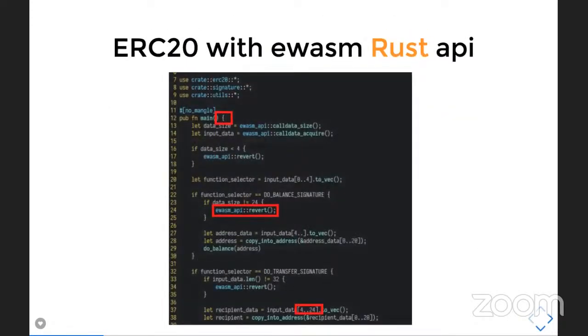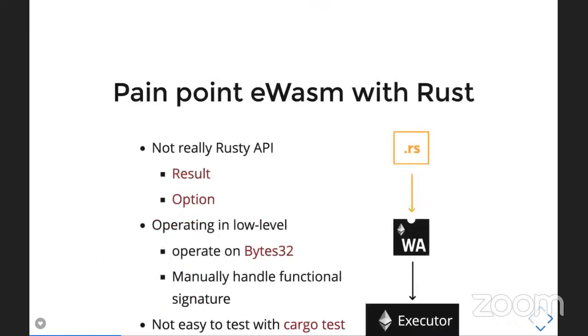But so far we can see that if we want to use Rust in the application layer to build a contract for Ethereum, there are a lot of obstacles, and that's really painful. So here's a pain point.